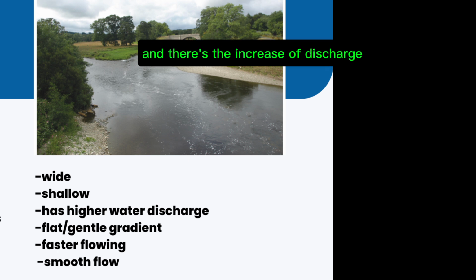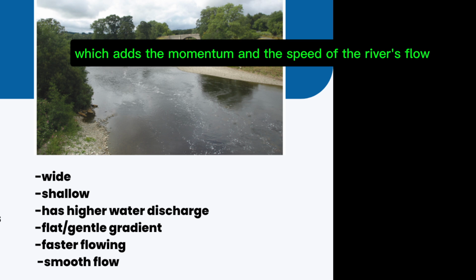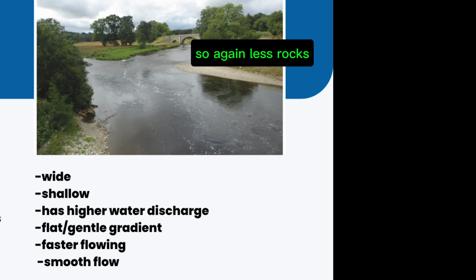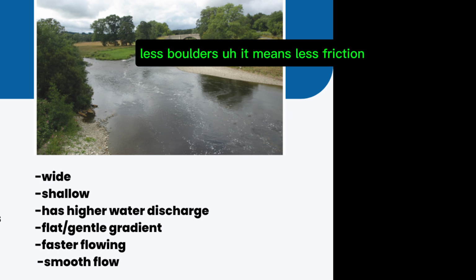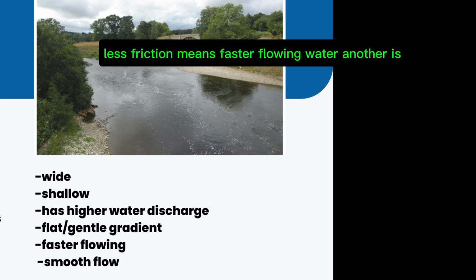And the increase of discharge adds momentum and speed to the river's flow. So again, fewer rocks, fewer boulders means less friction. Less friction means faster flowing water.